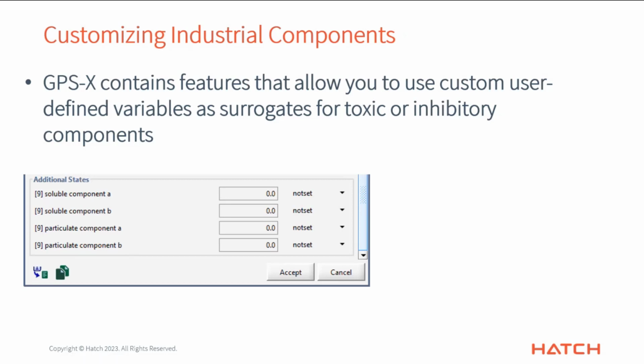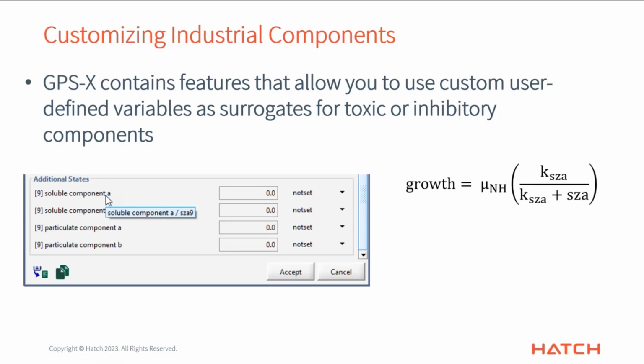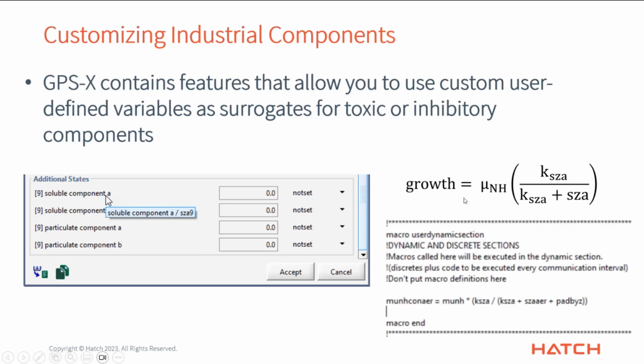You can interact with the biological model. So for today's example, I'm taking a soluble component A, which, by the way, has SZA as its cryptic variable name. Then I'm going to apply an inhibition term like this onto our regular growth rate of the AOBs, the AOB biomass.